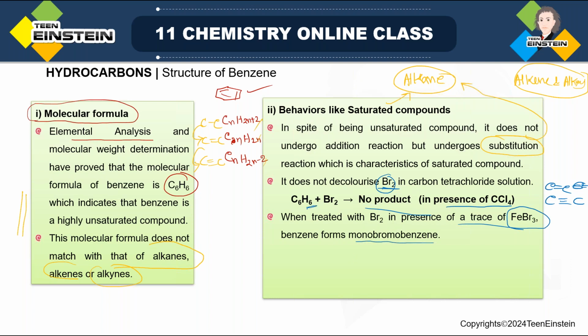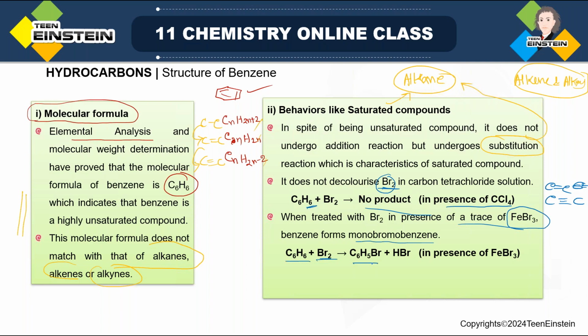That means one of these hydrogens is now replaced by Br. But that is not an addition reaction. That is actually a substitution reaction, where hydrogen is simply substituted by a bromine atom. Look at this reaction. C6H6, one bromine will be taken by this hydrogen and hydrogen will be removed. So the formula is now C6H5Br. And this reaction is happening in presence of FeBr3.